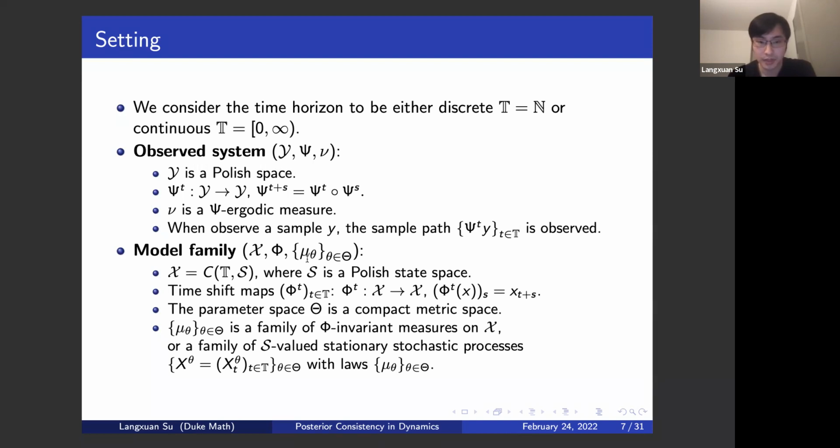This family is a family of invariant measures, from the dynamical system point of view. But you can also think about this family as a family of stationary stochastic processes, whose law is given by this family of measures. So basically, we want to find out, when we have this model family, which of the parameters is the best one to approximate the observed system.